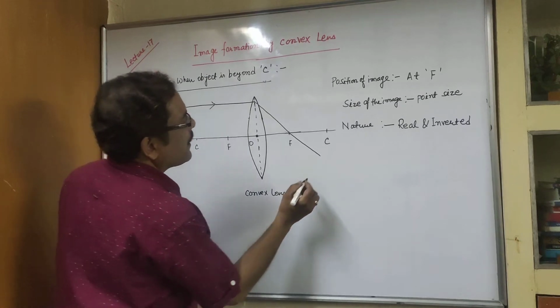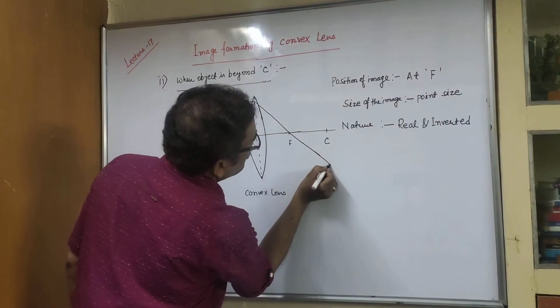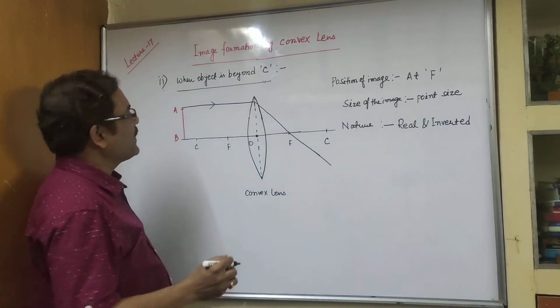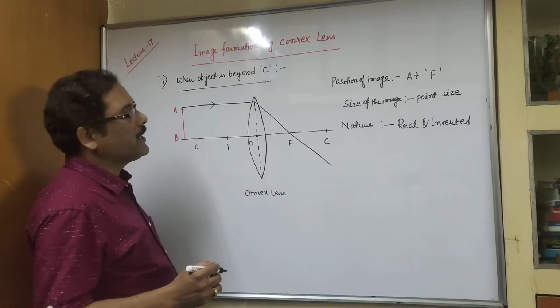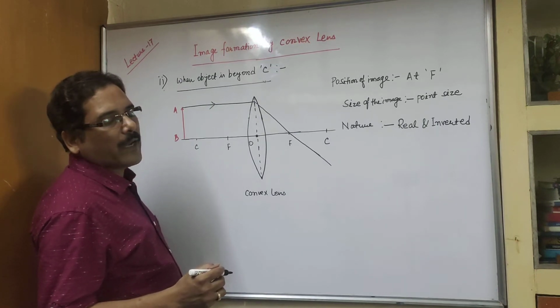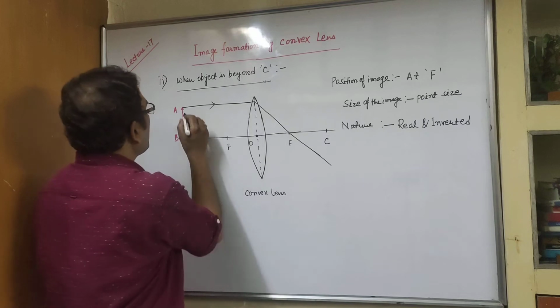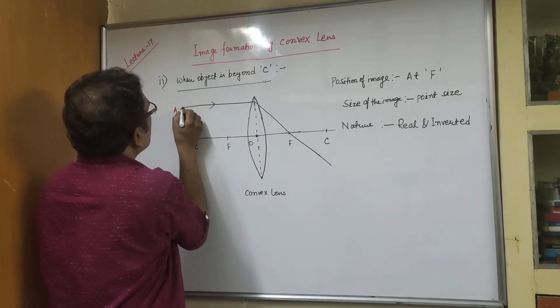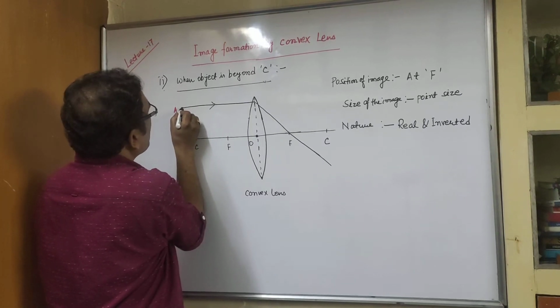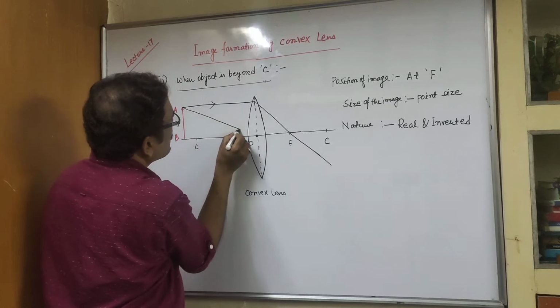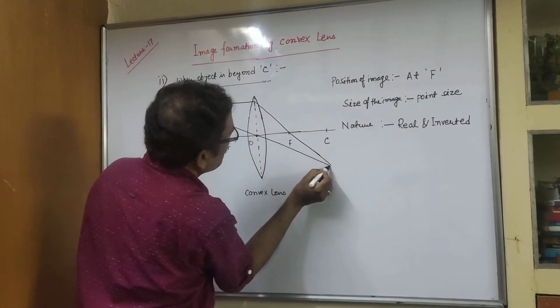Take another light ray through optical center of the lens. Apply rule 3 as we have written. When a ray of light passes through optical center of the lens, it passes straight away without suffering any deviation. So take another ray of light.